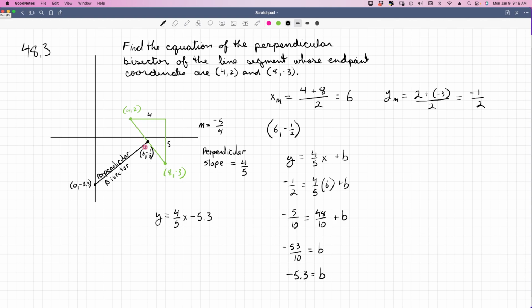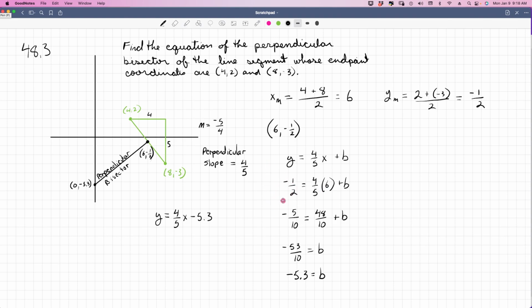Now to get the perpendicular bisector or the perpendicular line, we need to find where it intercepts the y-axis. So we're going to do that just by putting in the perpendicular slope and taking the point that we found and substituting it into what we would normally do to find our y = mx plus b. That's all we're doing.